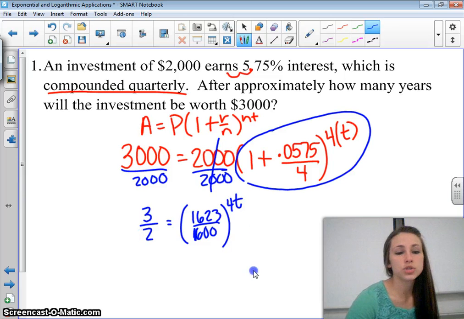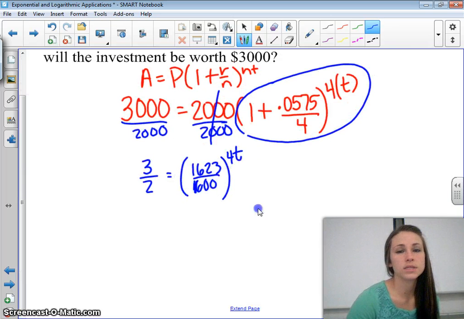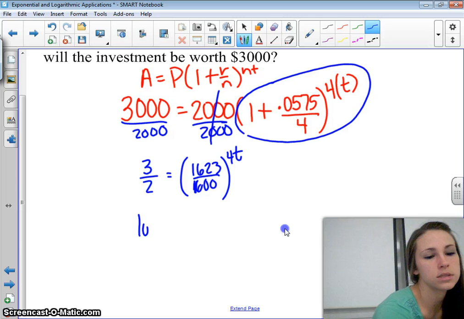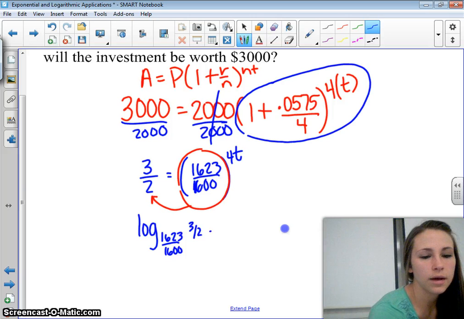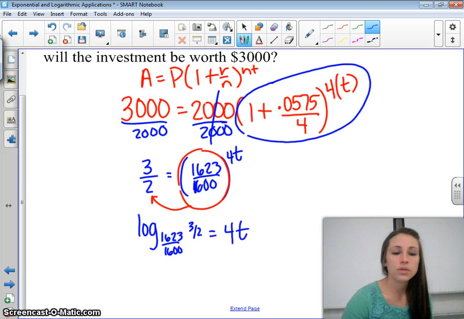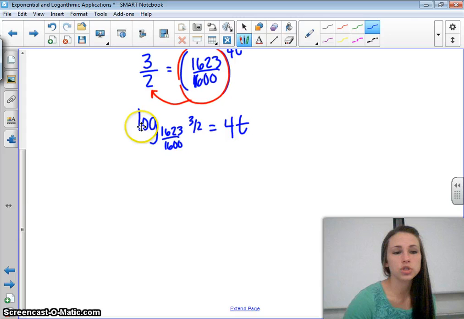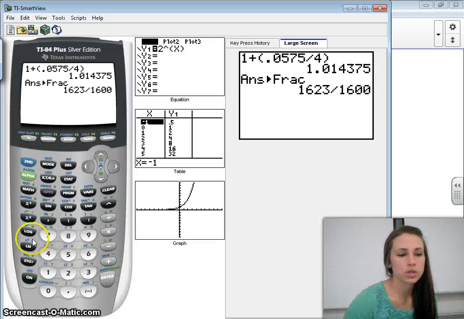Now, this is an exponential equation, and so I need to rewrite this as a log in order to solve. So I would say this is going to be log base, shells down, so log base 1623 over 1600 of 3 halves equals 4t. And so then to solve this finally for t, I'm just going to do log tall divided by log small and divided by 4. So let's do that in the calculator.